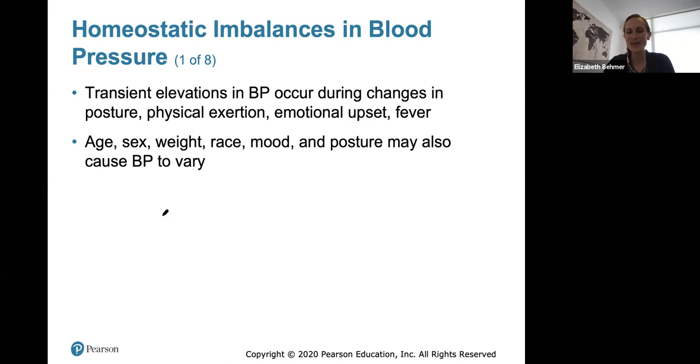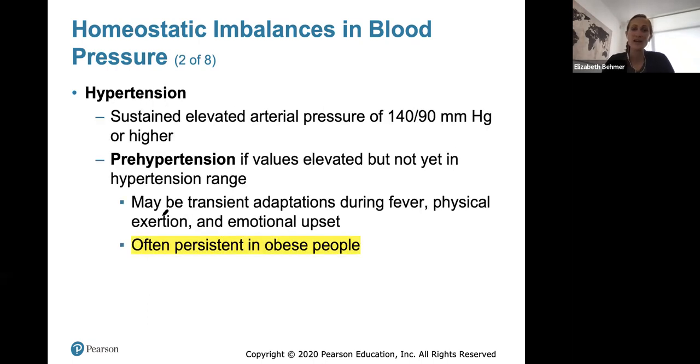A little bit more about regulation of blood pressure, and then we'll finish here. Transient elevations in blood pressure can occur during changes in posture, physical exertion, emotional upset, and fever. So natural blood pressure changes are okay. Your age, your sex, your weight, your race, your mood, and your posture may also cause blood pressure to vary.